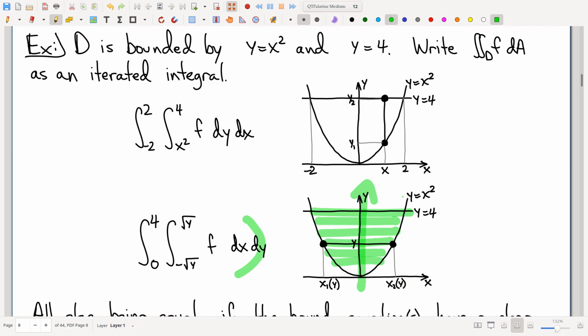And what's the y coordinate at the origin? It's 0. Sometimes the fish just jump in the boat, right? And then likewise, this last y slice is right on this curve, y equals 4. So when I solve for y, I'm going to get 4. Again, sometimes they're freebies that you can just see right from the picture.